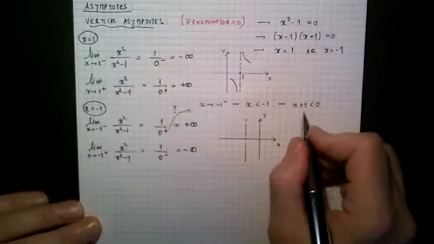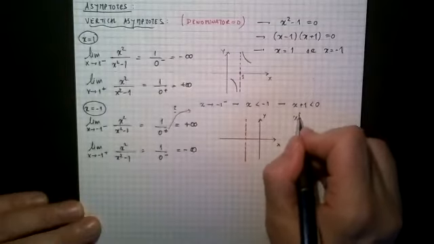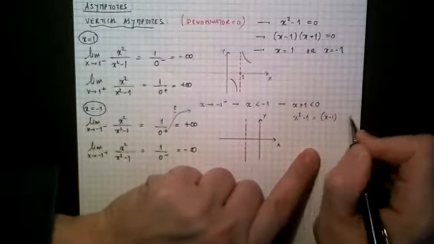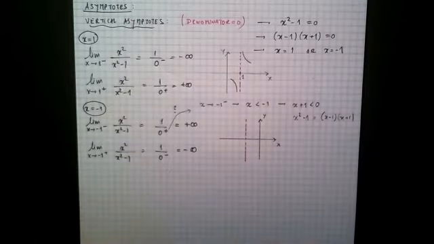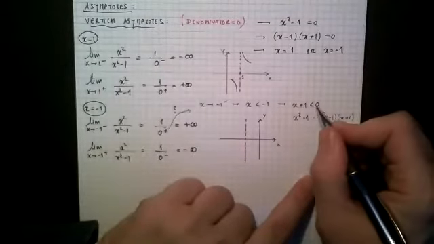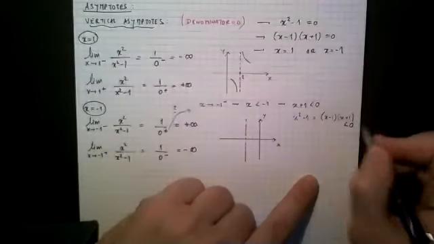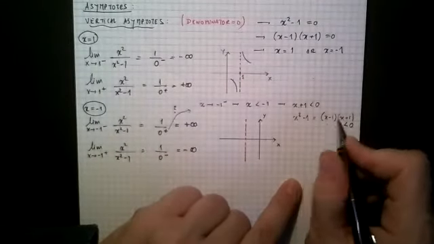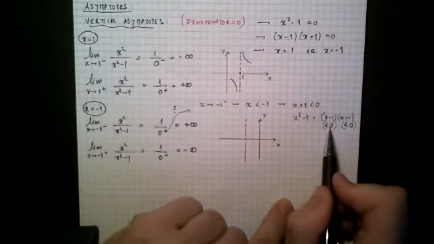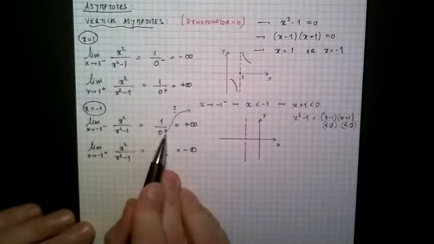So x² minus 1 is equal to (x minus 1) times (x plus 1). Now this x plus 1, we just said that it's negative. And x minus 1 is minus 2, that's also negative. And negative times negative is positive.